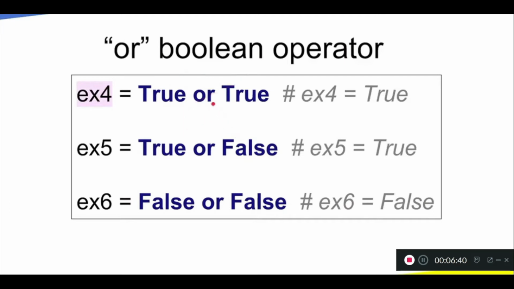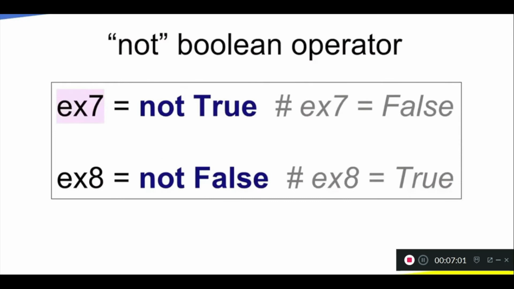So even if there is one occurrence of true, the statement would result in a true. This is opposite to and. Like in and we had one occurrence of false and the statement would be false, and like in example 6, a false or a false would give us a false. So the occurrence of two falses would give us false.